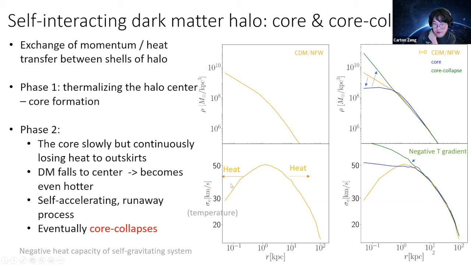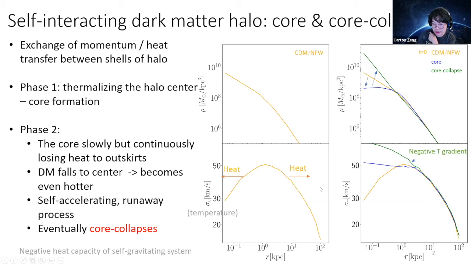For example, if we start from an NFW halo in this orange line, the upper panel being its density profile, and the lower panel being its velocity dispersion profile, or in other words, the temperature profile. If we suddenly turn on the self-interaction, there will be both heat inflow and heat outflow from this temperature peak. And this heat inflow, as Akaxia has mentioned, will lead to thermal equilibrium in the central part, and leads to core formation naturally.